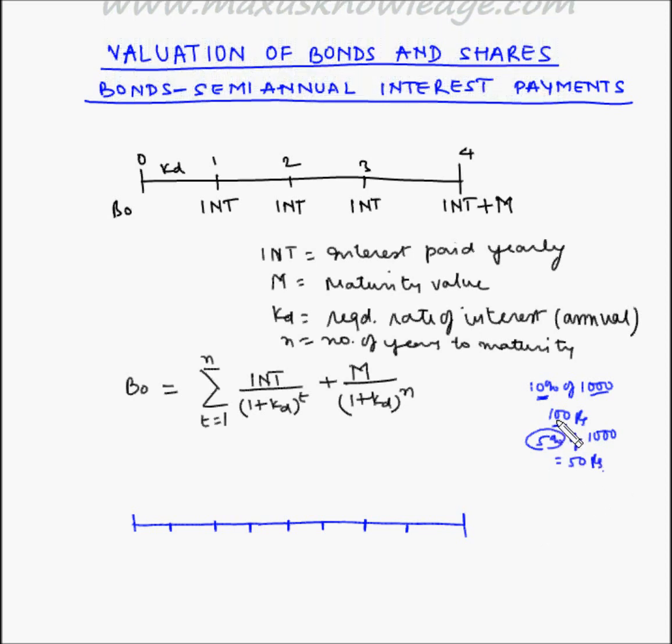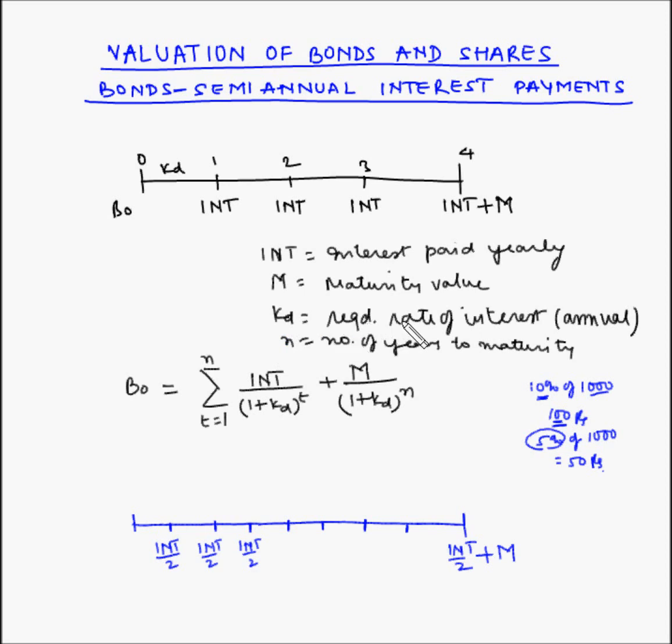Basically, your annual interest is becoming half. So the interest being paid to the investor becomes INT divided by 2, INT divided by 2, and so on, and at the end also INT divided by 2. Maturity value remains the same because the face value is the same. So at the end of the tenure, the investor will get M as the maturity value.